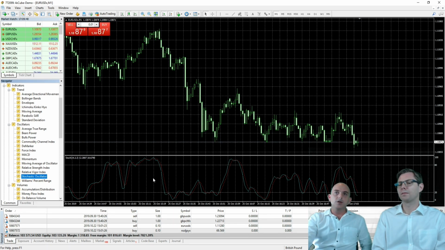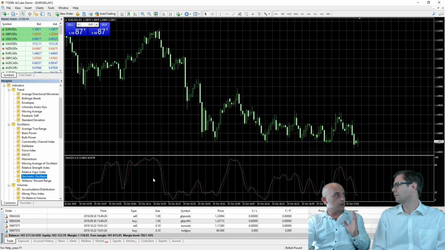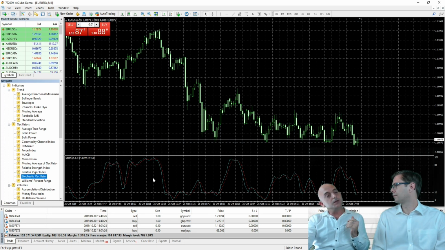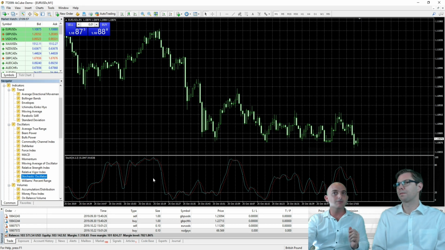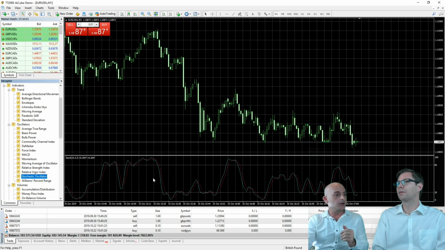Essentially what stochastics are trying to show you is that they're trying to generate signals based on overbought and oversold conditions in the market. That might sound a little bit similar to the relative strength index, okay?